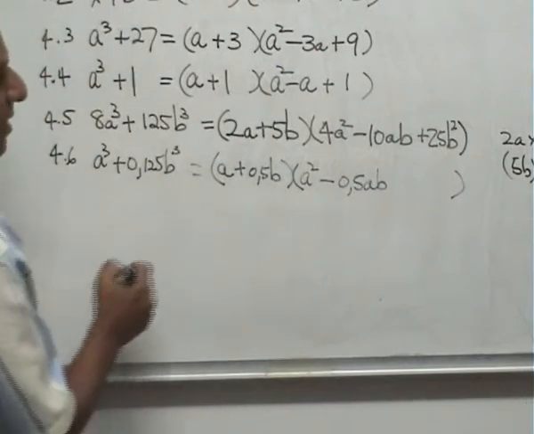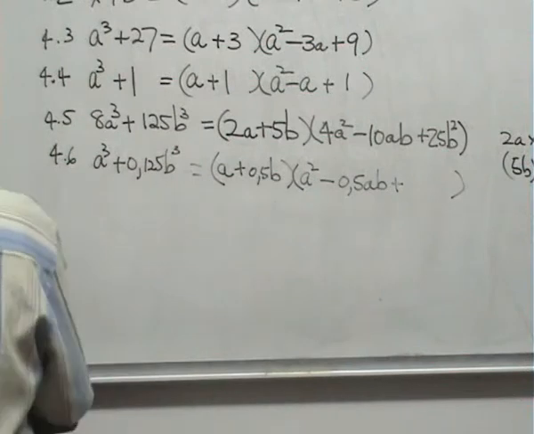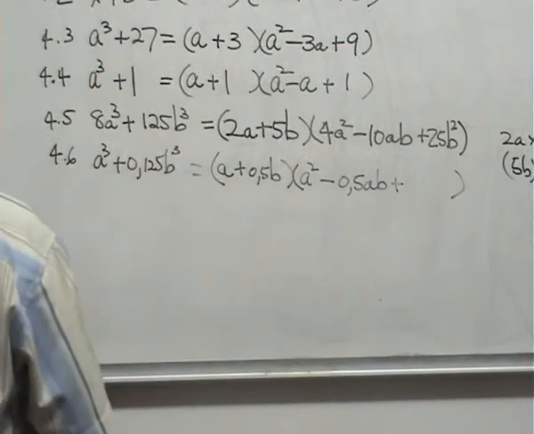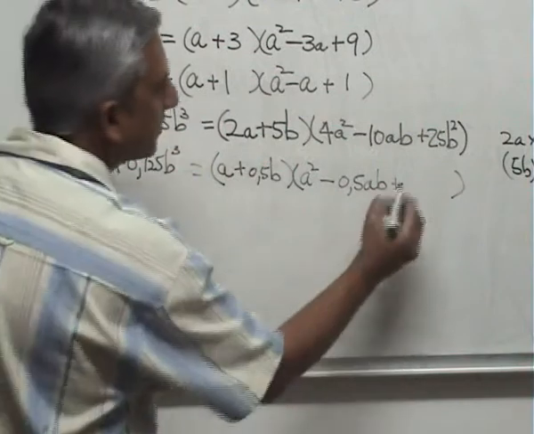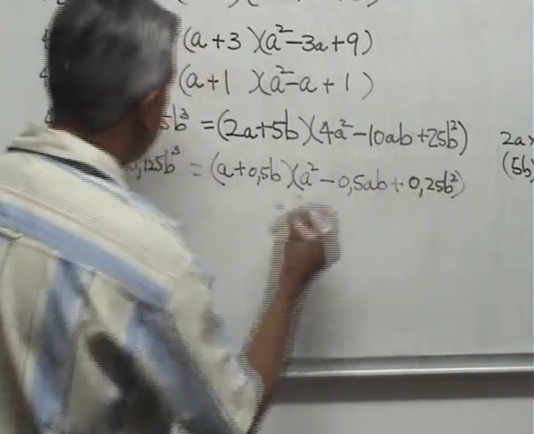See, that times that. And then finally square 0,5b. If you square 0,5b, you will get 0,25b squared.